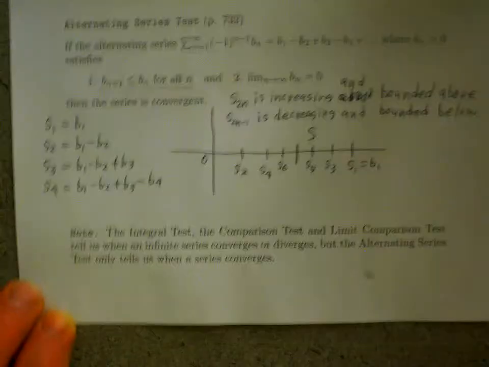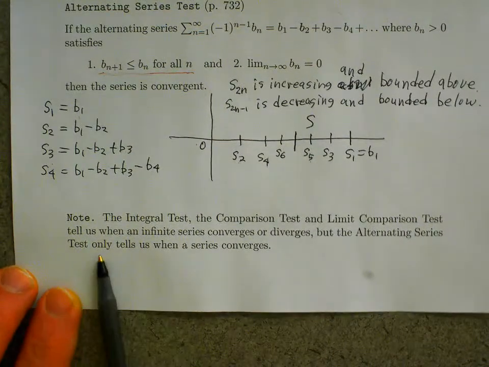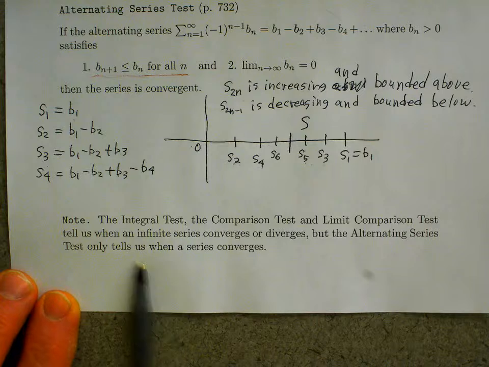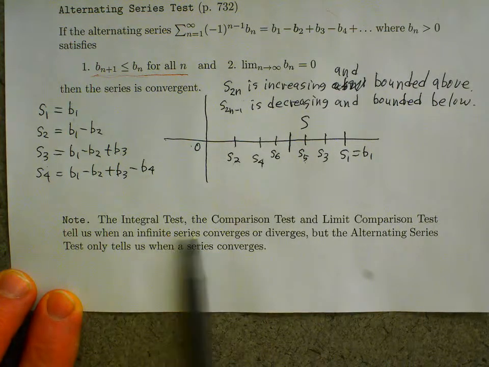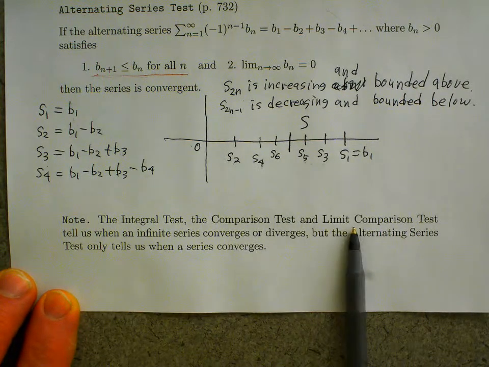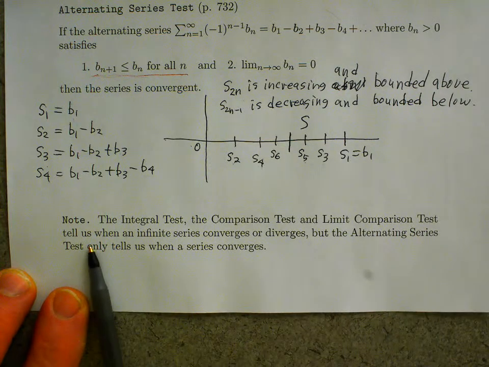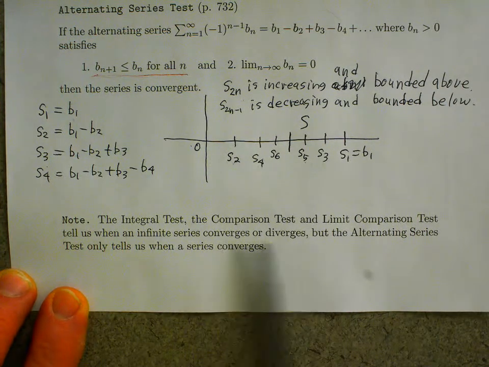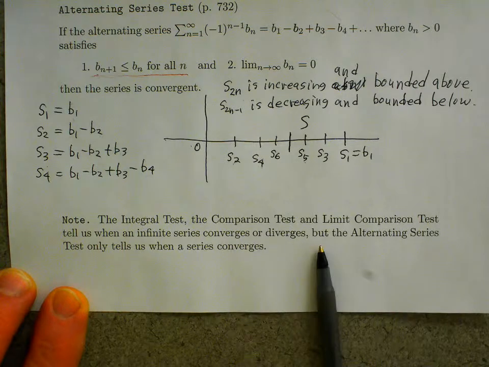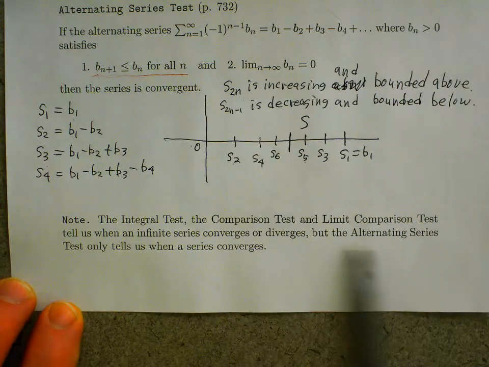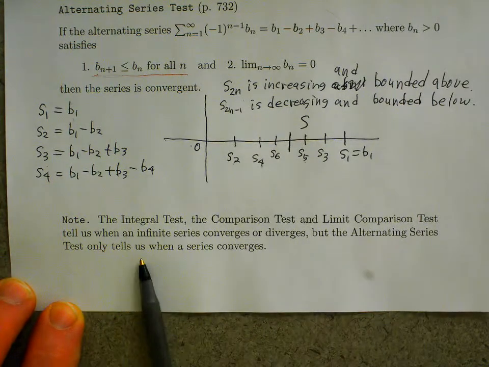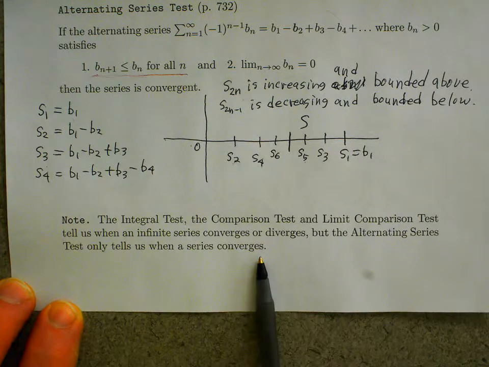Okay, so here's a note. The integral test, the comparison test, and limit comparison test tell us when an infinite series converges or diverges. But the alternating series test only tells us when a series converges.